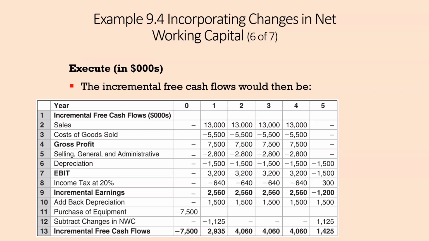Then you have a gross profit of 7.5 for years 1 through 4. And then the depreciation, which you see on line 6, you have a negative 1.5 for years 1 through 5. And then you have your EBIT, years 1 through 4 at 3.2, but then in year 5, you have a negative 1.500.